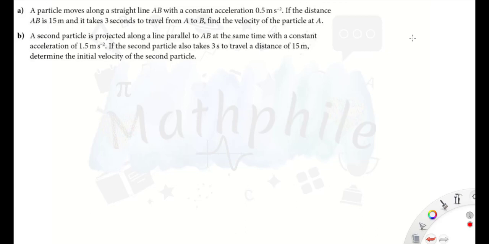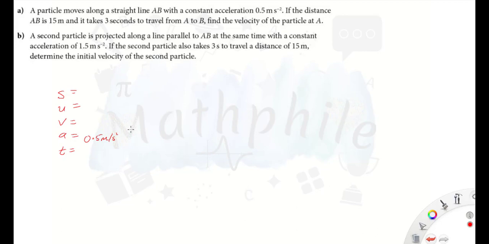Okay, so let's do the first one. Again, we're setting up a SUVAT. So for the first particle, I was given acceleration to be 0.5 meters per second squared.